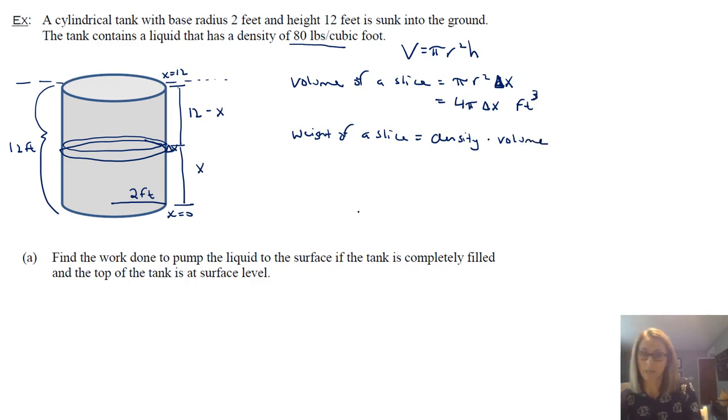So our density times our volume is going to give us our force. So we have 80 pounds per feet cubed. That's been given to us by the problem. And then we multiply that by our volume, 4 pi delta x feet cubed.